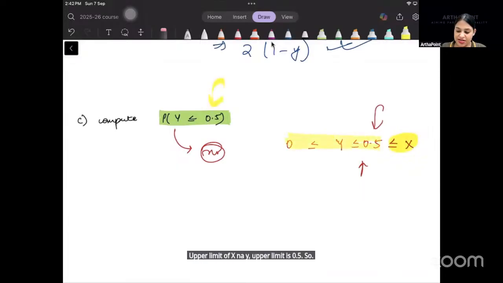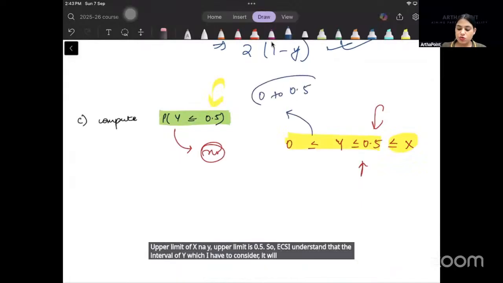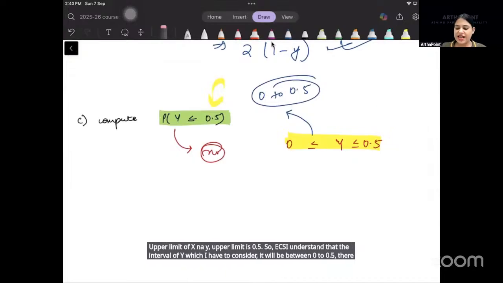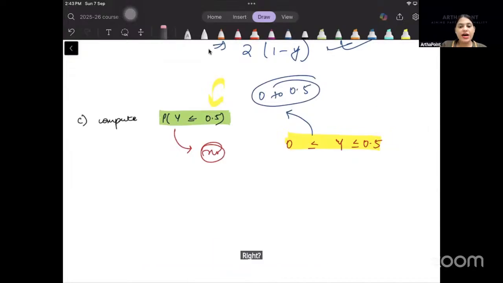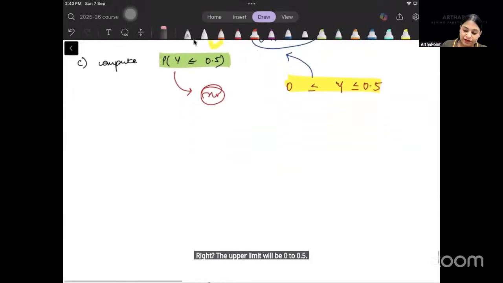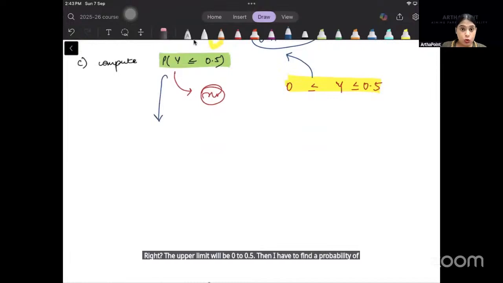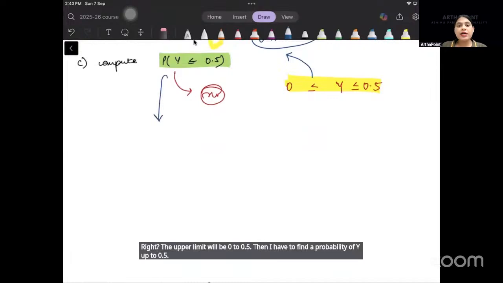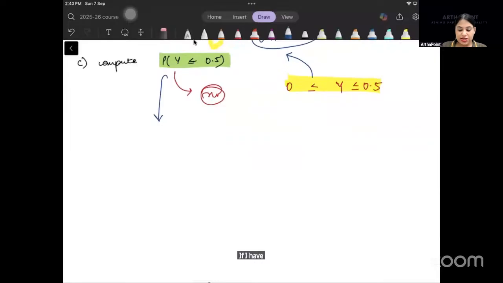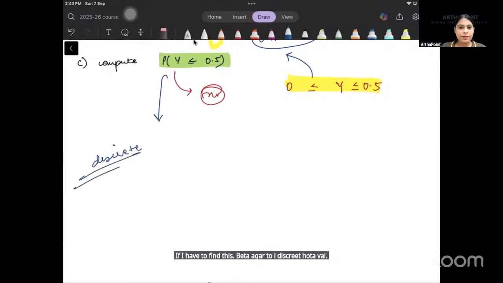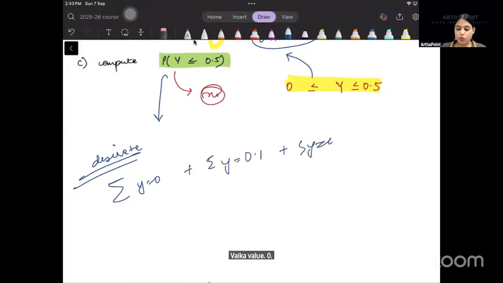So इसी से I understand that the interval of y which I have to consider will be between 0 to 0.5. There is no role of x at all, right? So when I have to find probability of y up to 0.5, बेटा अगर ये discrete होता y, तो हम add करते कि y का value 0 हो सकता है, 0.1 हो सकता है, 0.2 हो सकता है, whatever.